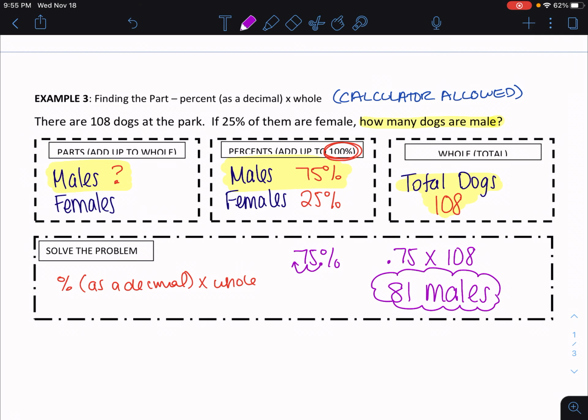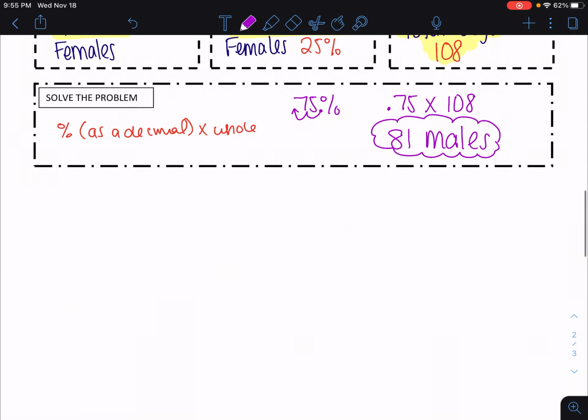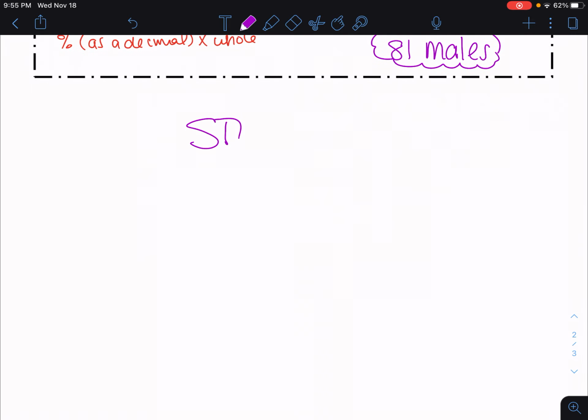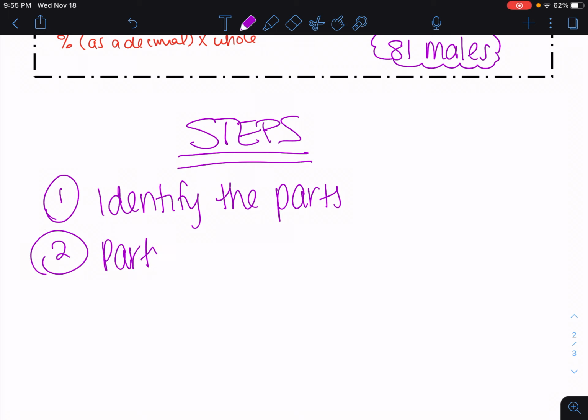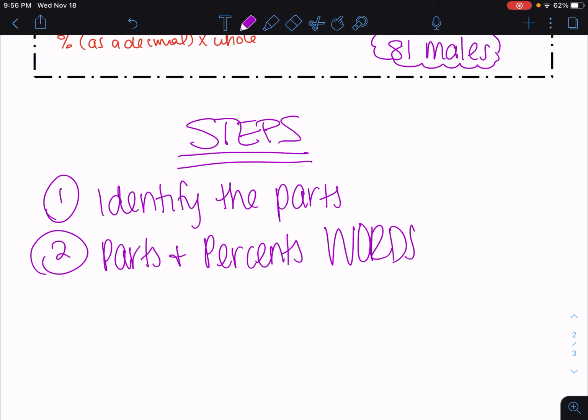Okay, so when we do these percent word problems, we're going to write some steps down here. Okay, step 1, we're going to identify the parts. Step 2, parts and percents words are the same, because they both represent parts of the whole.